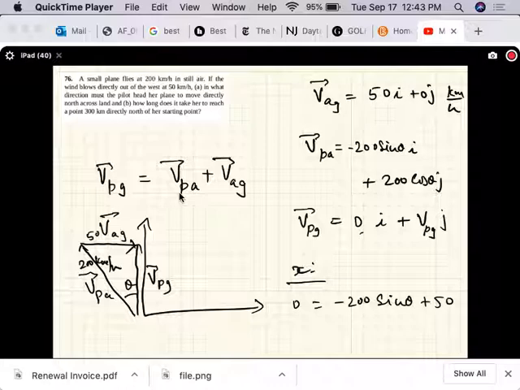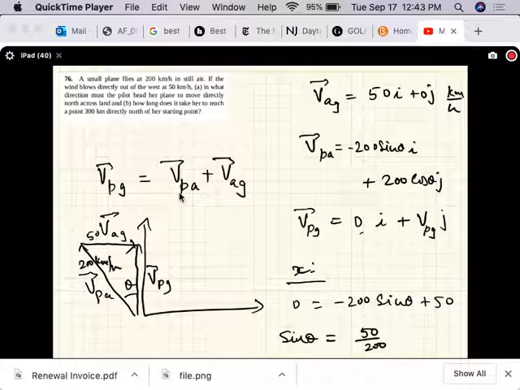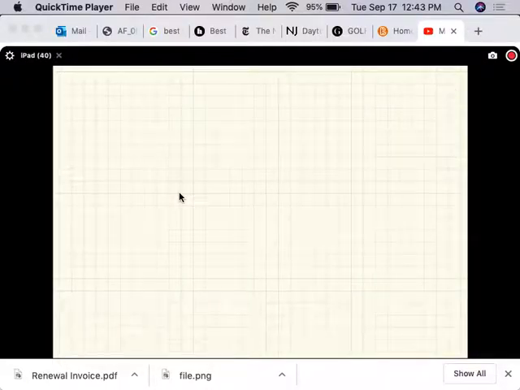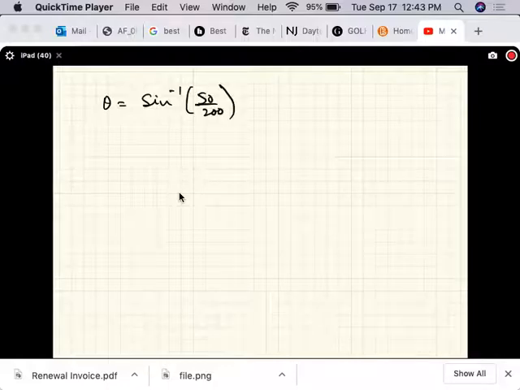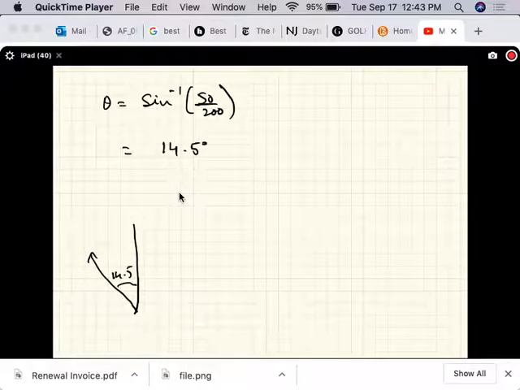Okay. So sine theta is 50 over 200. So the pilot has to head 14.5 degrees west of north.